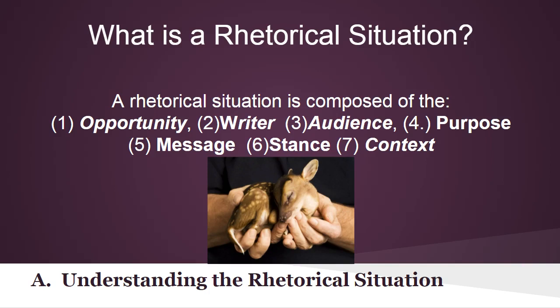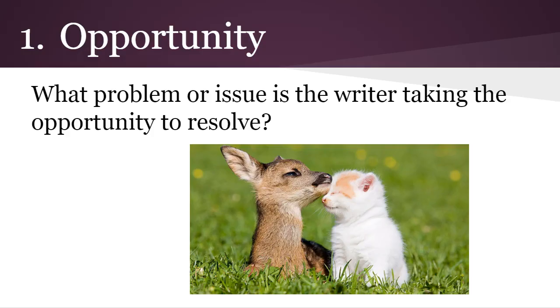And 7, a context. We're going to go through these one by one, so hopefully these will help you understand the rhetorical situation. Also, you will notice this is a Bambi-themed Google Doc, which will all make sense to you in just one moment. Okay, so let's start with our opportunity.